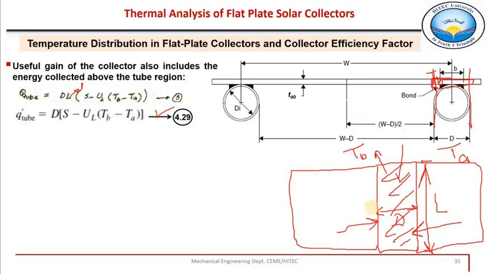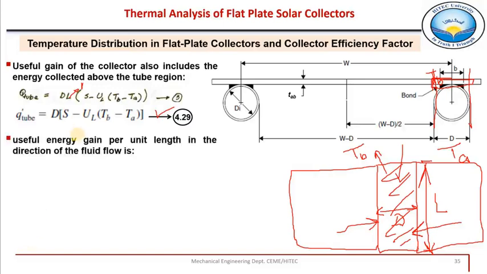So the total heat which is absorbed is the heat absorbed from these two sides of the fin plus the heat absorbed over this tube area. The useful energy gain per unit length in the direction of the tube flow, in the fluid flow, is given by the heat coming from the fin plus the heat absorbed exactly over this tube.